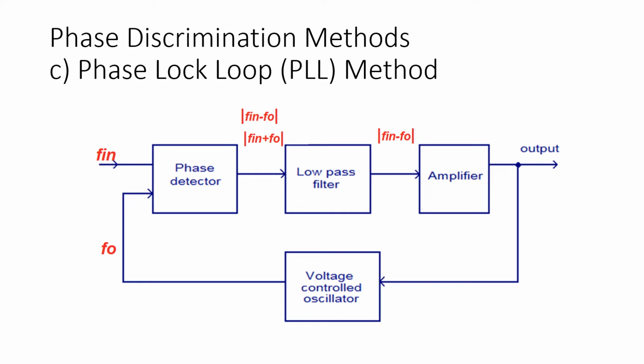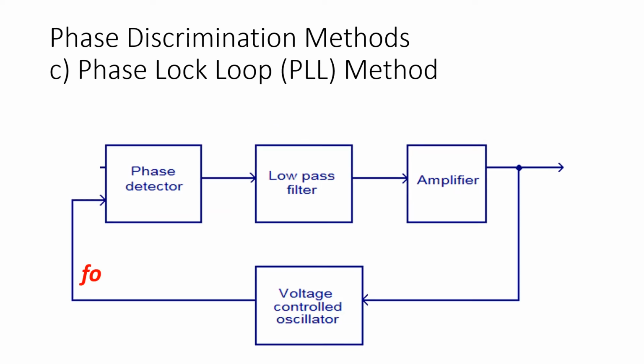Now we have to study that how PLL is used for the FM demodulation. PLL method for FM demodulation. When no input is applied to PLL, it is operating on free running frequency, that is F0. This F0 is the center frequency of the PLL.